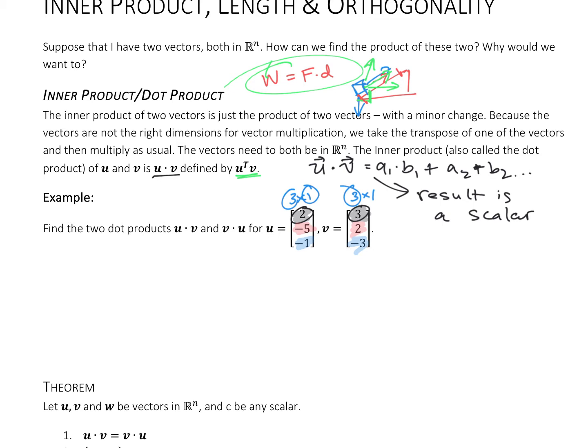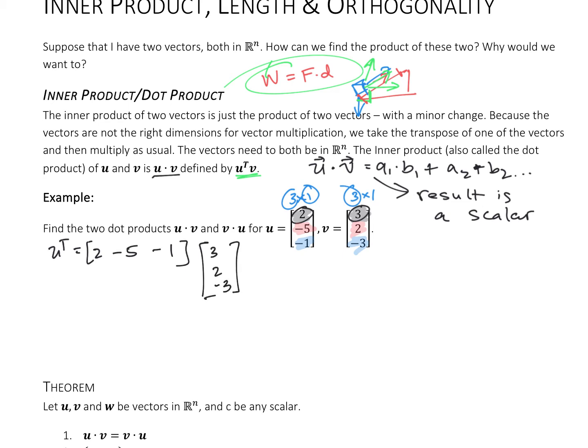All we're doing is taking corresponding positions, multiplying them together, and then adding up those products. So if we go with our definition here, U transpose would be what happens if I just flip this and it becomes horizontal instead of vertical. Then I'm able to multiply it by the 3, 2, -3.